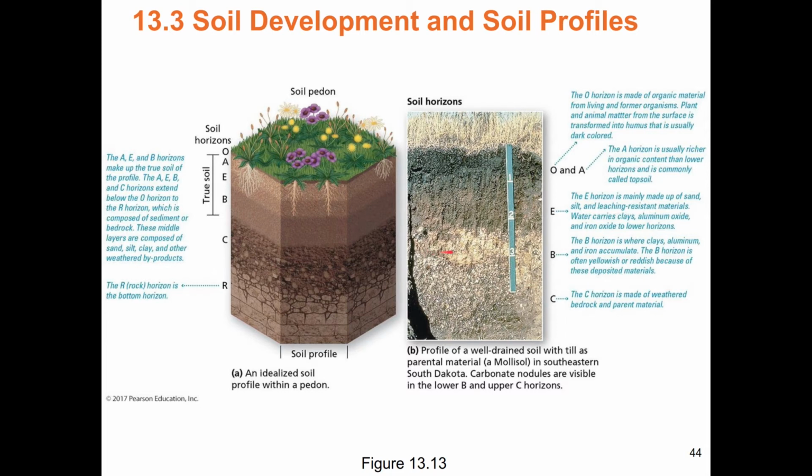The B horizon is often yellowish or reddish because the deposited materials have oxidized. This is also where sometimes you can develop a layer of carbonate material. The C, made of weathered bedrock, and then the R is regolith. So typical soil profile for a mollisol, like I said, a grassland soil in South Dakota.